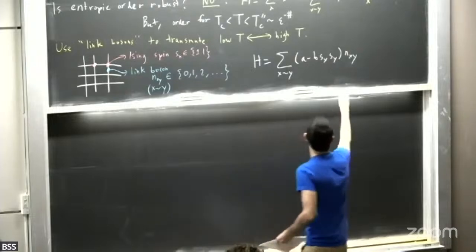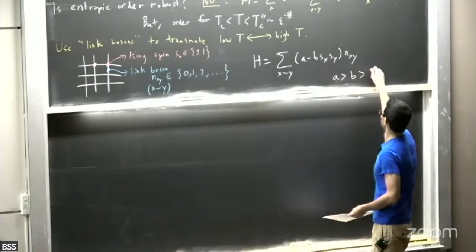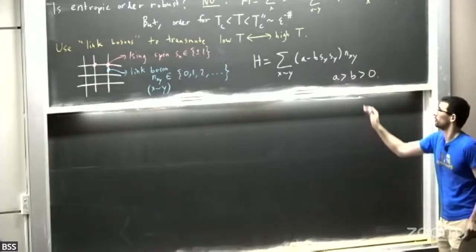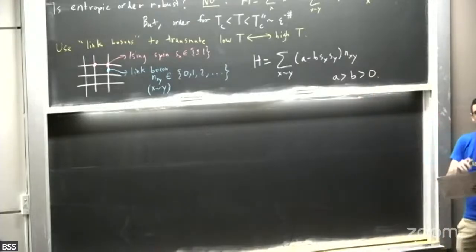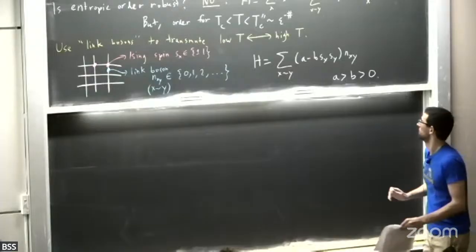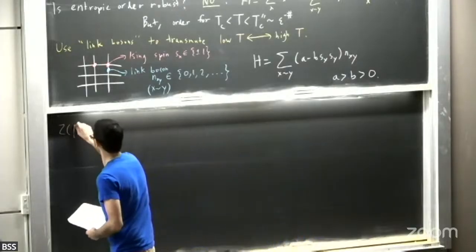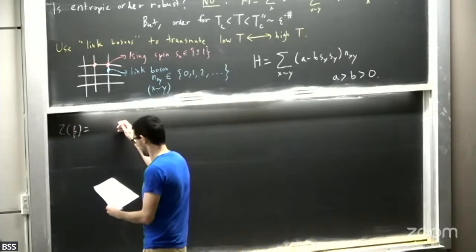That's of course assuming that we choose A larger than B larger than 0. We need to choose the parameters in this regime so that there are no unbounded negative energy states.